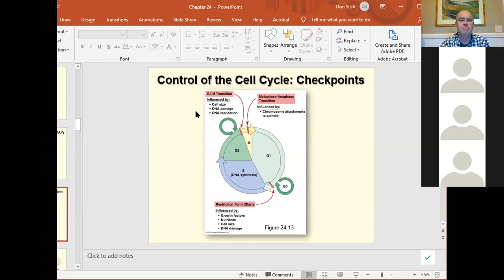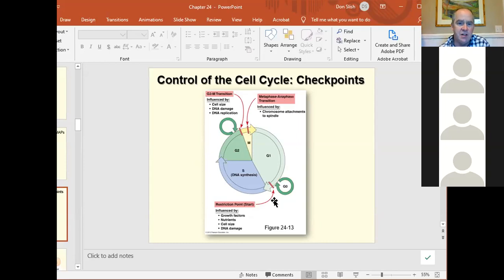And there are other lesser checkpoints through the middle that are controlled by those mechanisms as well. But those 2 are very similar. This third one up here is very different. This is kind of that pause in metaphase before the cell actually splits those chromosomes. So this one we'll talk about separately from these 2, which are very similar.